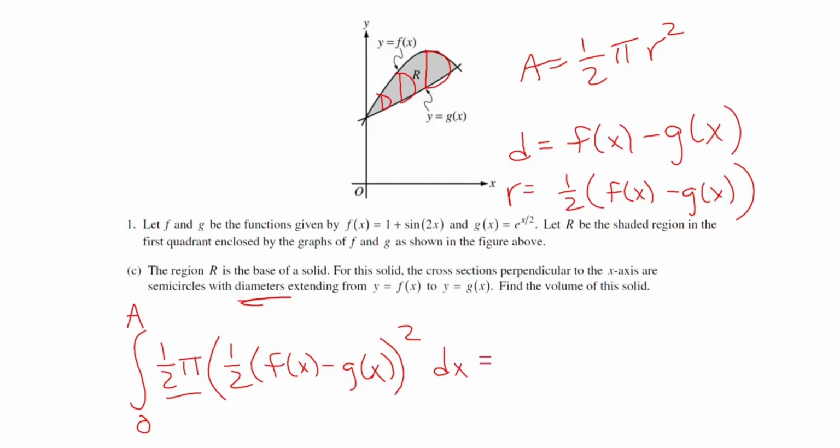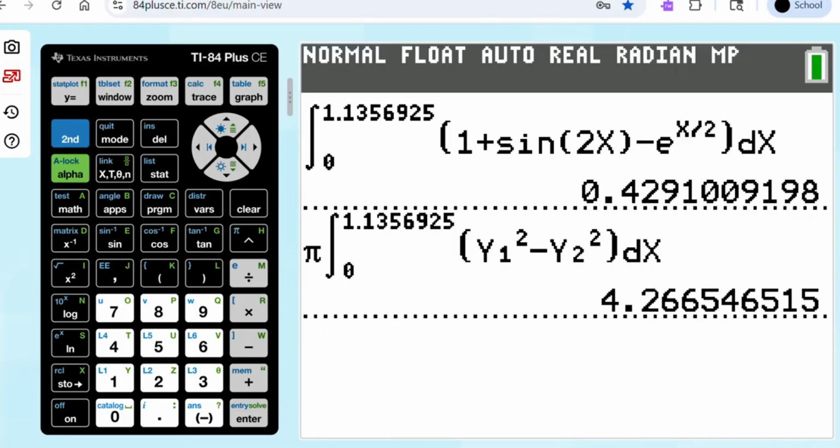So we have a 1/2 pi, plus we have another 1/2 that's being squared. So that's 1/2 pi times 1/4, which is going to be a pi over 8 out in front, times our integral from 0 to a of f of x minus g of x squared. And we'll just use our calculator to evaluate that. So we'll put our constant out in front, pi over 8.